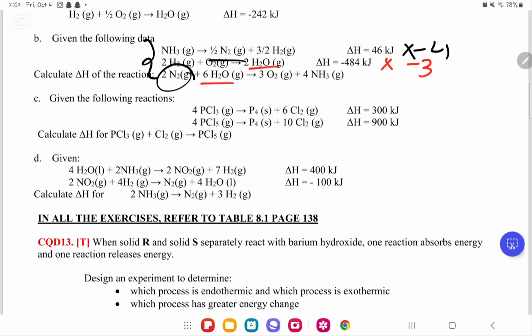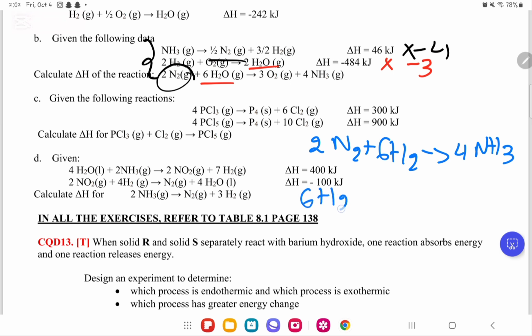So then if we're going to write the new equations, they are going to be 2N2 plus 6H2 gives us 4NH3. And the second equation is gonna be 6H2O gives us 3O2 plus 6H2.